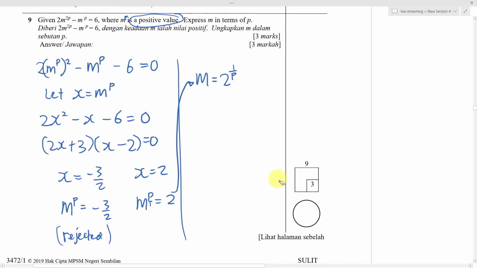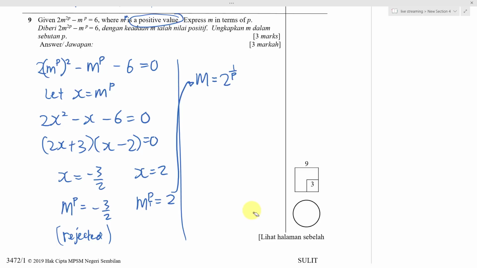But maybe I just think too much. I don't know. I guess we should follow the log rule, because when log is negative, it is undefined. But p is 1, right? Oh, yeah, I don't know why the meaning of p is 1, but let's move on. Over here, we just rejected it because it cannot be solved by using the log.